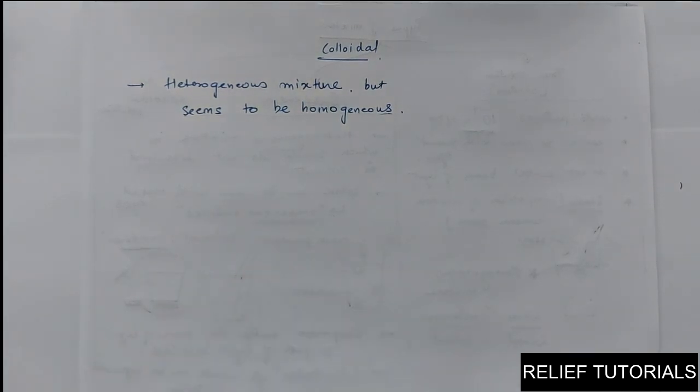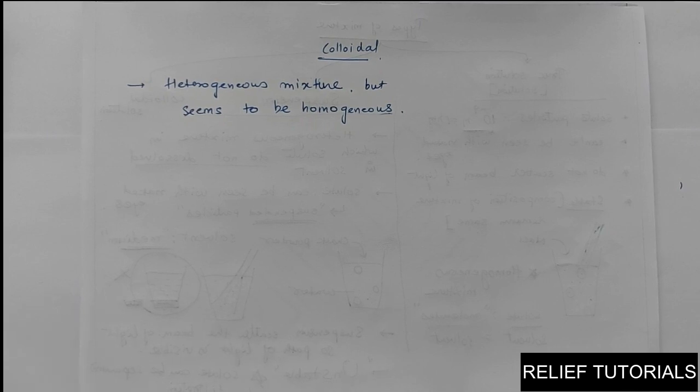So this is the intermediate situation in which the solute particles are neither too small nor too big. With the naked eyes in the ordinary condition they cannot be seen, but if we focus the light on them they can be seen.